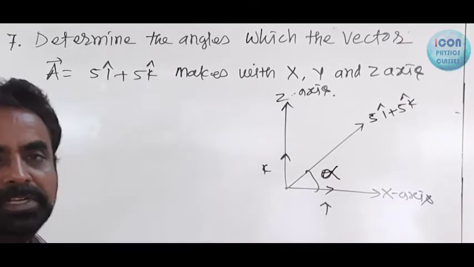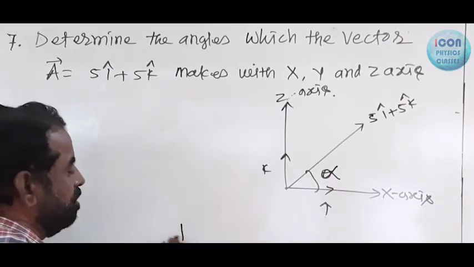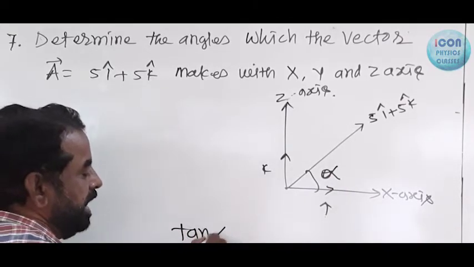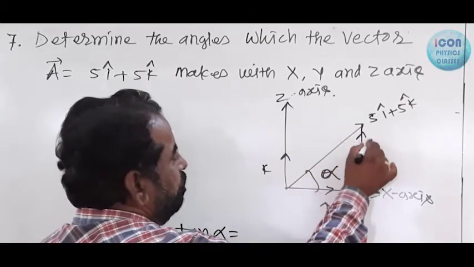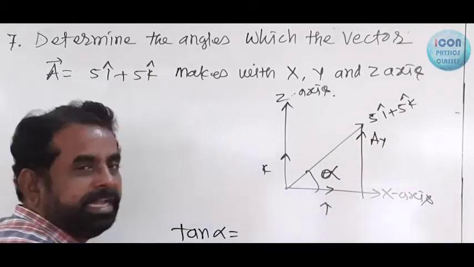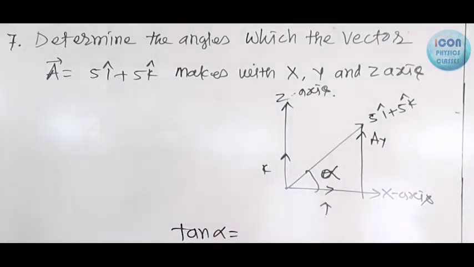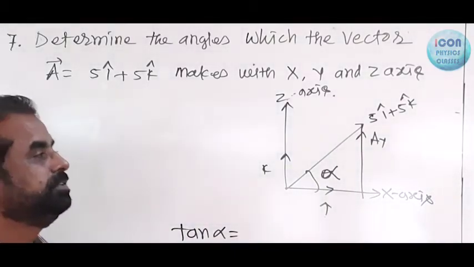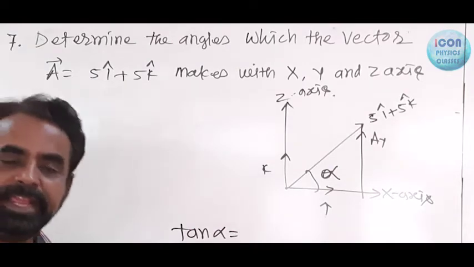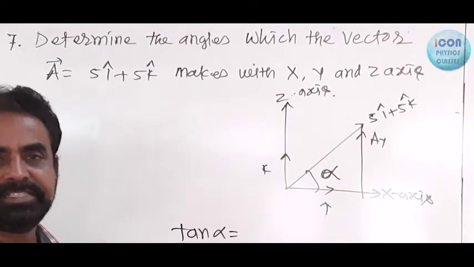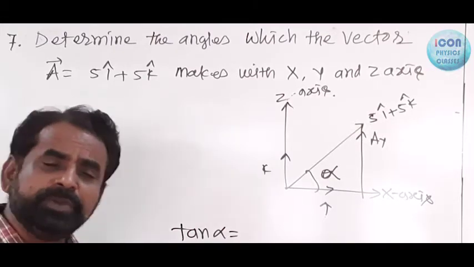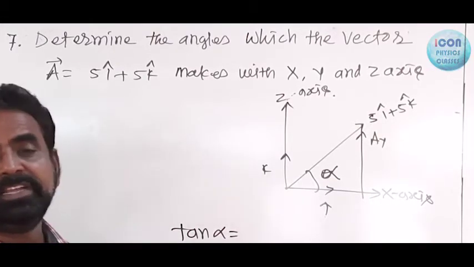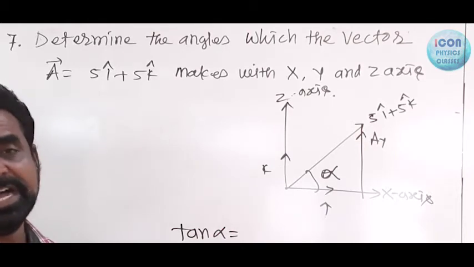So what is the tan of alpha? Tan of alpha is equal to ay upon ax, and that is equal to here in three-dimensional coordinates, each and every axis is to be asked.